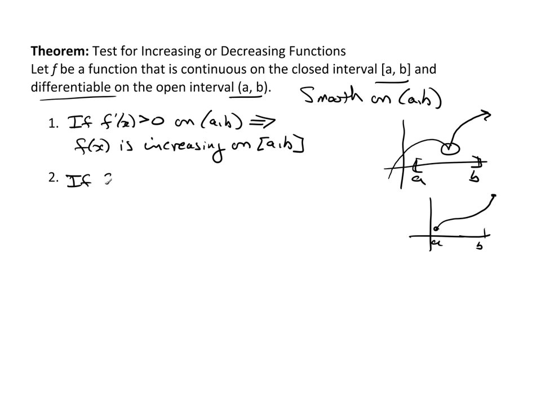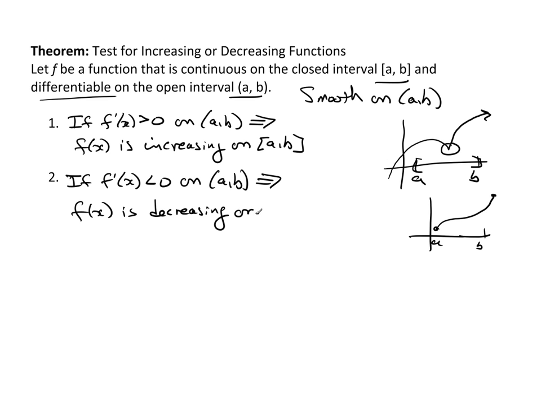And the other situation here is if the first derivative is less than 0 on that open interval a to b, then f of x is decreasing on a to b.